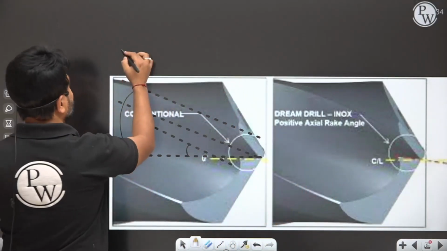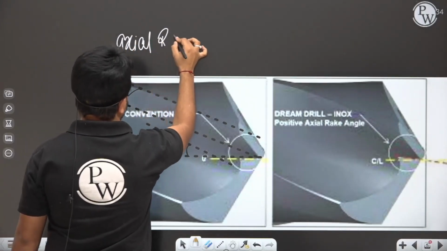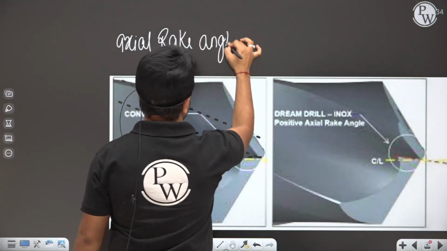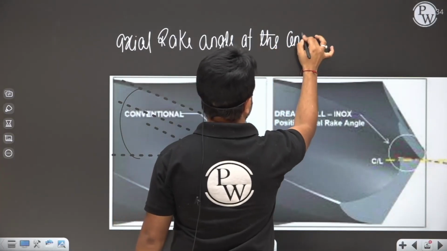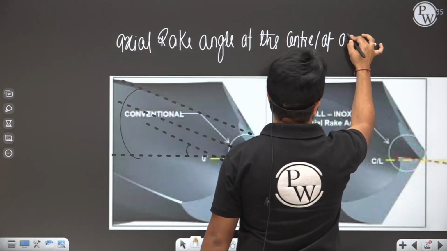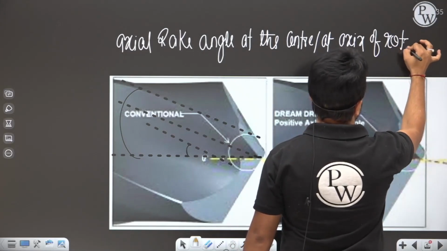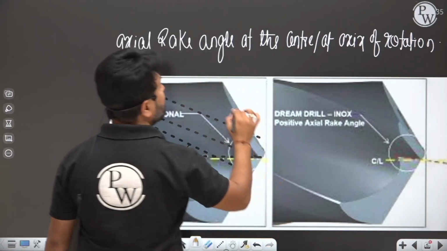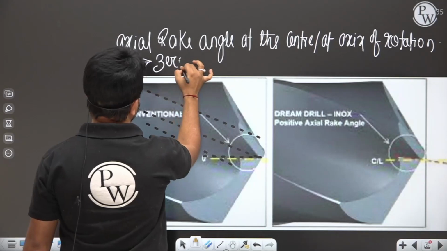So the axial rake angle at the center, or at the axis of rotation, is 0, because there is no helical surface.